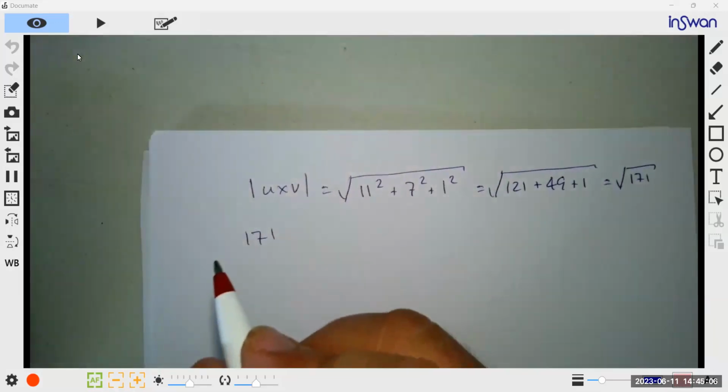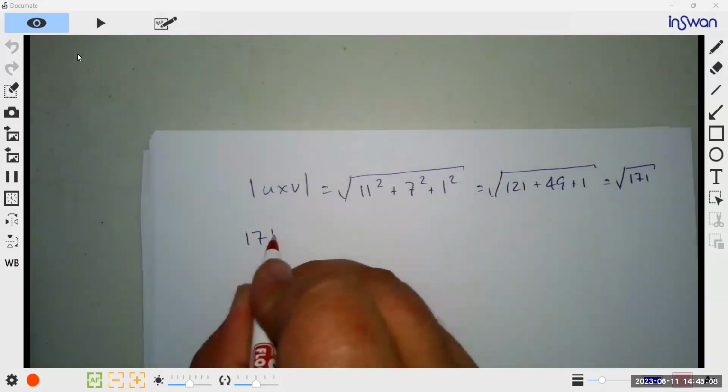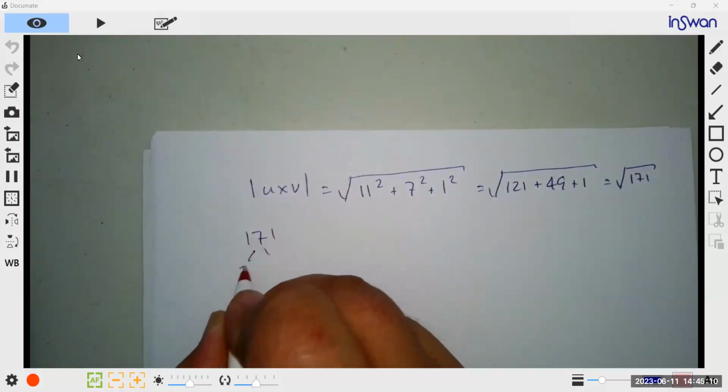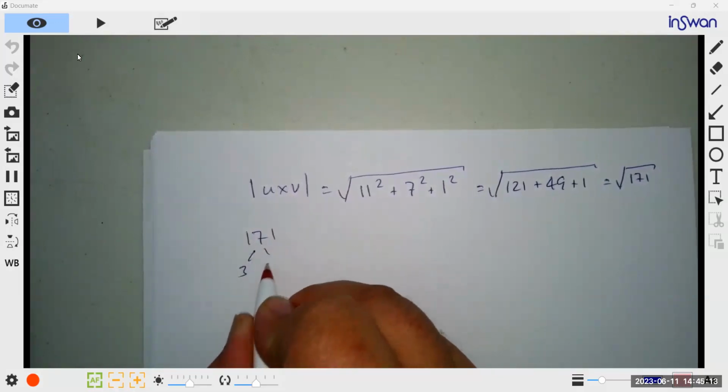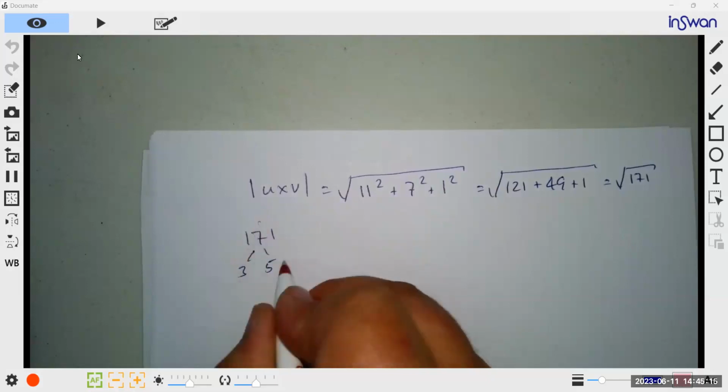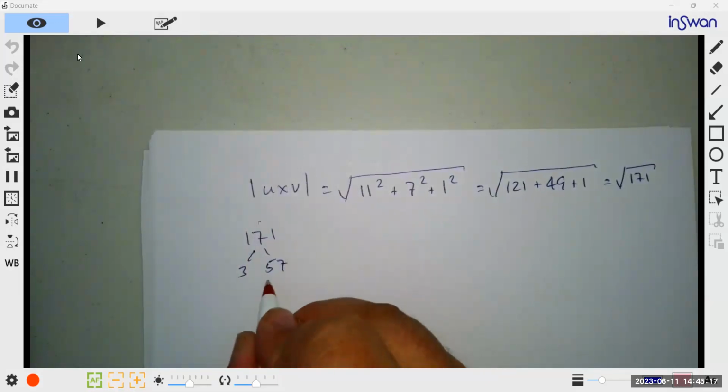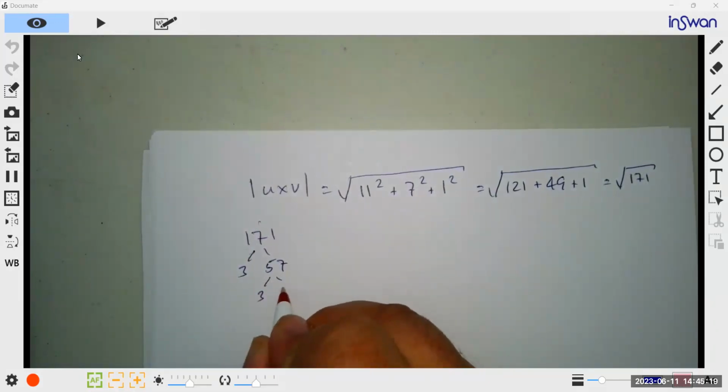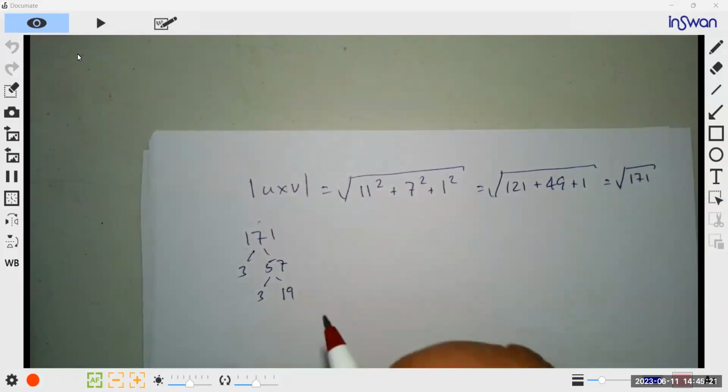So we know a 3 goes in there 5 times. 57. 57 is 3 times 19.